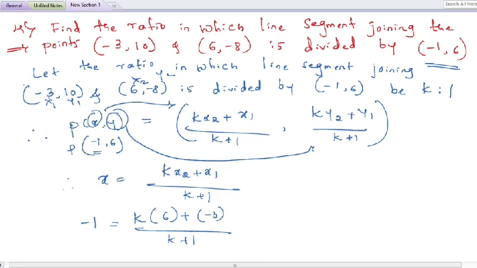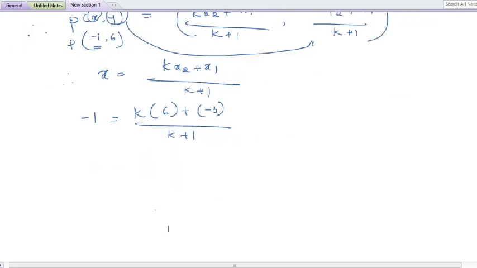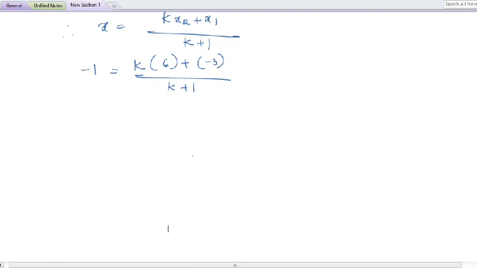Now, we will move to the next step. So, multiply this term and this term: k into minus 1, minus k plus 1 into minus 1, is equal to k into 6, 6k plus minus 3.